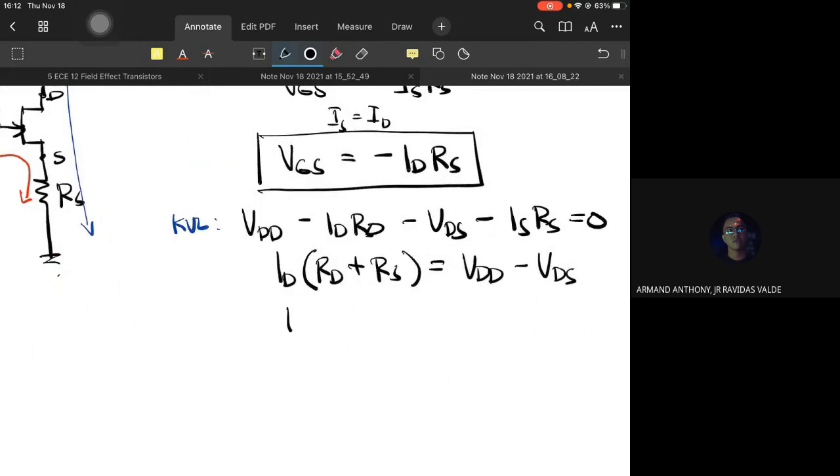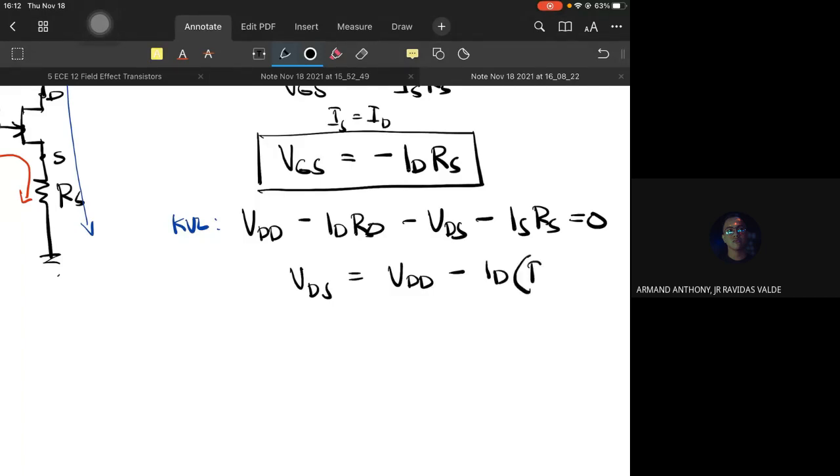Therefore, in terms of VDS, since VDS is the unknown here, VDS is equal to VDD minus ID times RD plus RS.